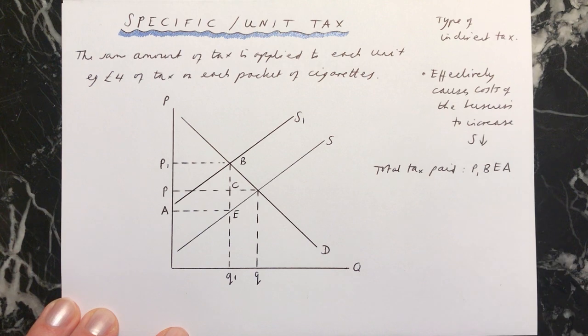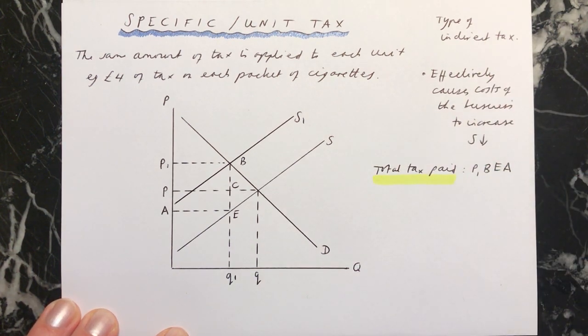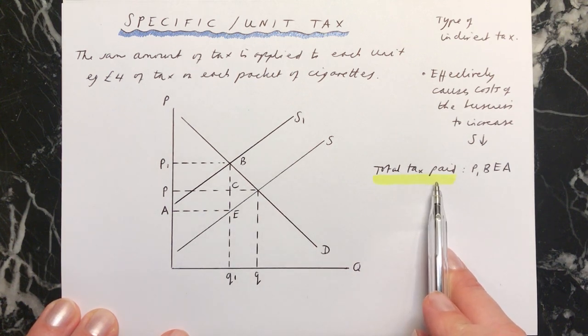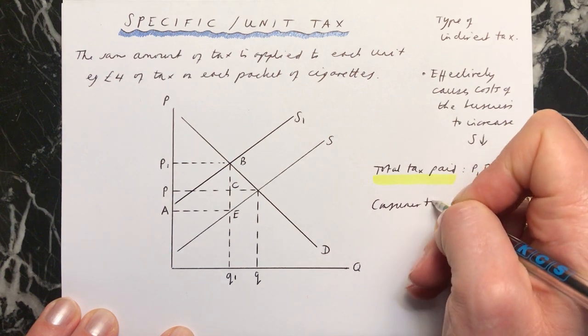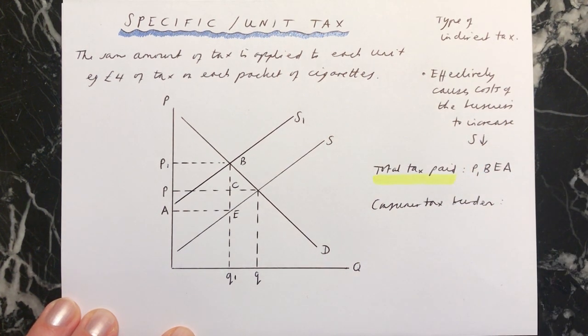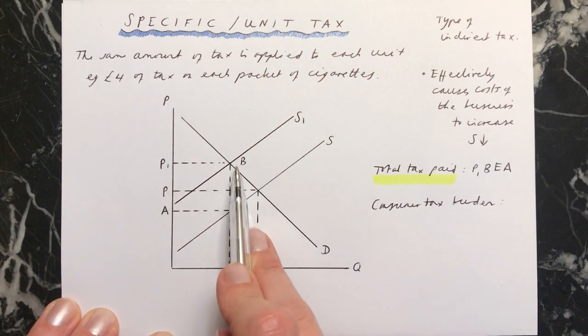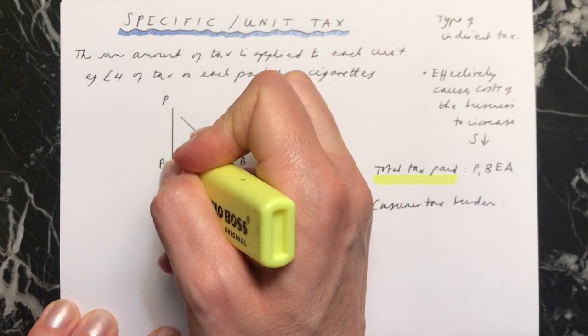And then, as well as the total tax that has to be paid, we can also see what proportion of this tax is the burden of the consumer and how much of this is the burden of the producer. So the consumer burden of the tax, so how much of the tax has to be paid by the consumer, you can see that we've got this rectangle here. This is the total tax being paid.